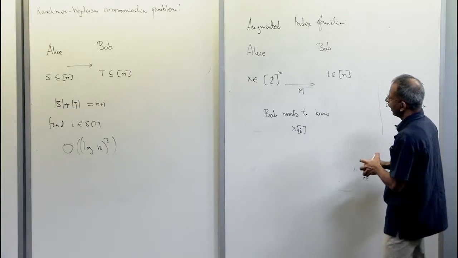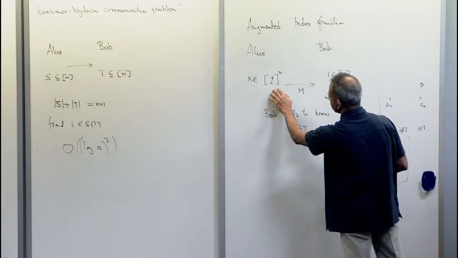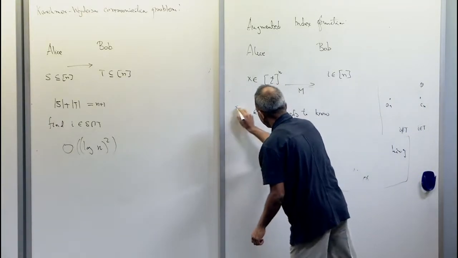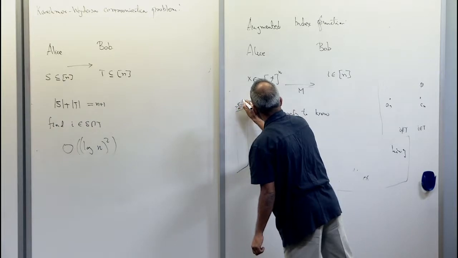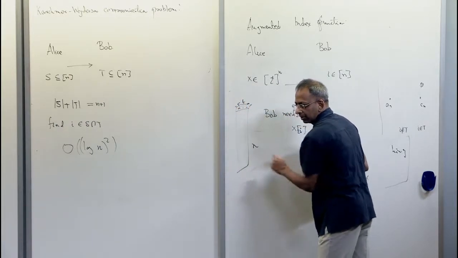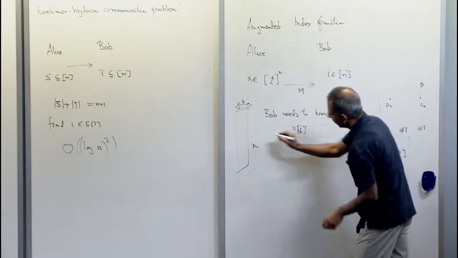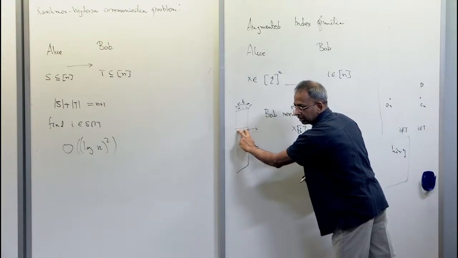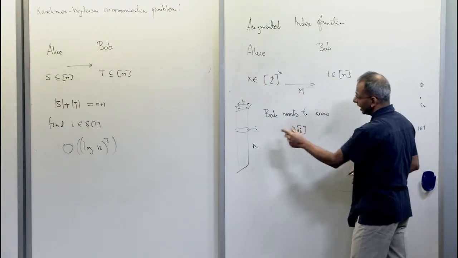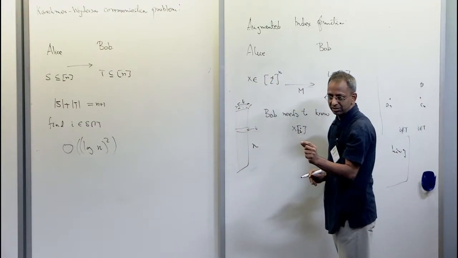So Alice has a long string. You can think of it as an array of length n, each entry of which has t bits. And Bob has an index, and he needs to know this entry. Alice needs to send some information. In the end, Bob needs to know only t bits.